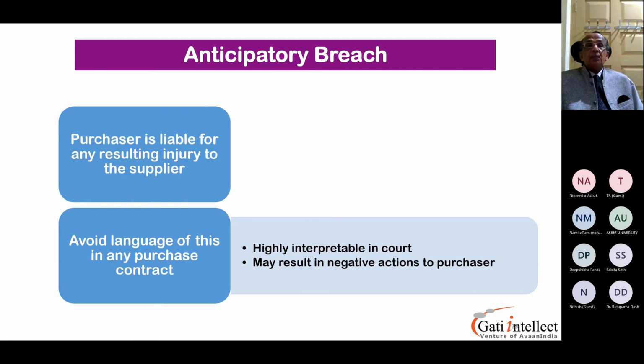Now, purchaser is liable for any resulting injury to the supplier. What is that? Because as a purchaser, how you communicate to the supplier is very important. He should not be accused personally. Whatever you say has to have substantial grounding and evidence, like what we said in the previous slide.